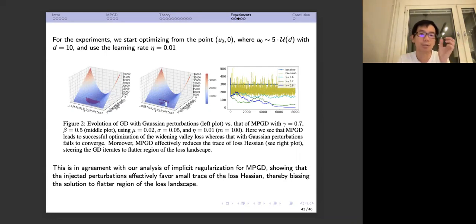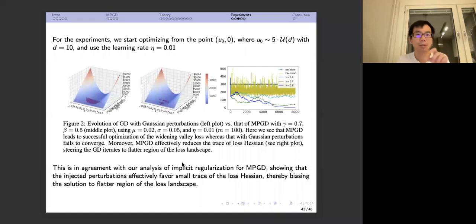But if you use MPGD, the chaotic perturbations are enough to steer the iterate to the desired minimum. Here we also plot the Hessian of the loss functions, and we see that MPGD is effectively reducing the trace of the loss Hessian. This is in agreement with what we saw earlier in the analysis of implicit regularization. So it moved the solution to a flatter region of the loss landscape.